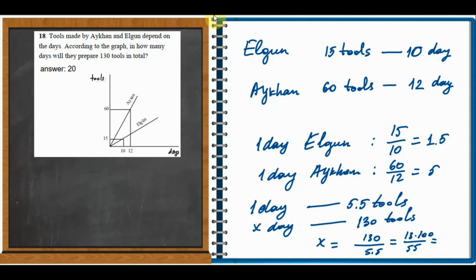We don't get anything. Sorry guys, 5 plus 1.5 is 6.5, and we must write 6.5, 65. So when we cancel 65 and 13, here will be left 5, and 100 divided by 5 is 20. So the correct answer is 20.